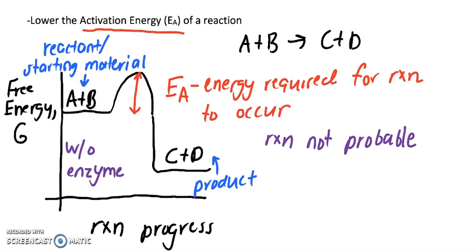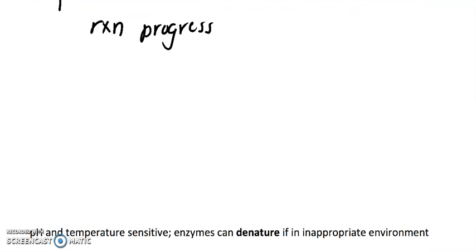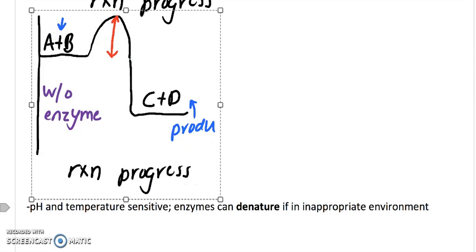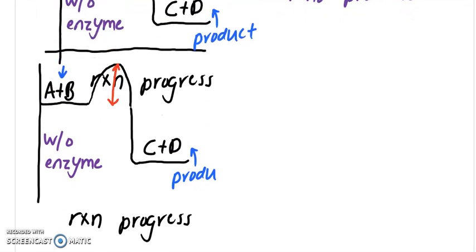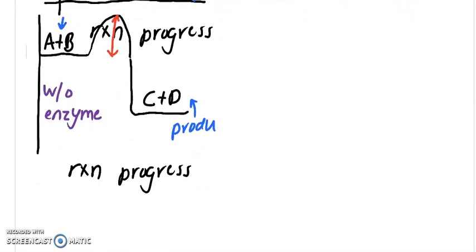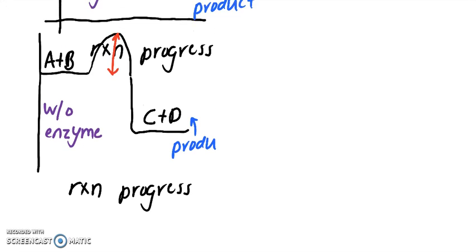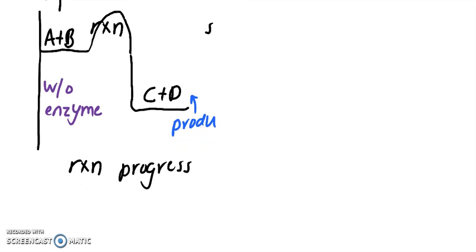Okay, but now let's take a look at the same reaction, but with the enzyme added. Take this picture, plop it in right there. Move this down. Erase this, and let's get this out of the way.